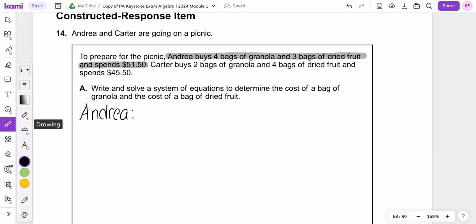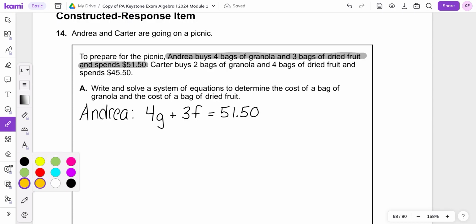While I could use X and Y, I'm going to use more practical variables to represent what the problem means. So instead of 4X, I'm going to do 4G for the granola plus 3F for the fruit equals the total $51.50.